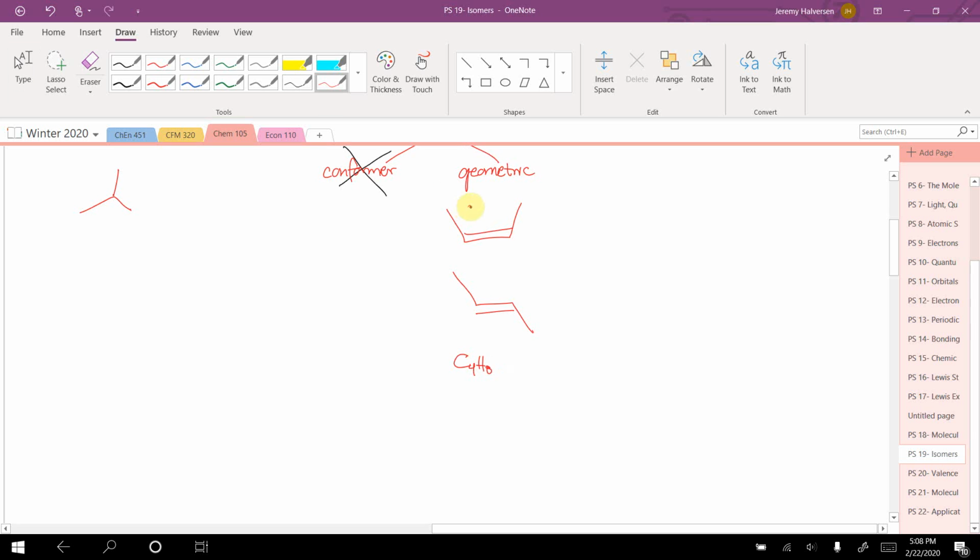We call these cis if the two branches are sticking out the same side. So if I drew a line down my double bond, my two branches are going on the same side of that line. That's cis. If they're going on opposite sides, those are trans. And those are geometric isomers. So a requisite for a geometric isomer is a double bond.